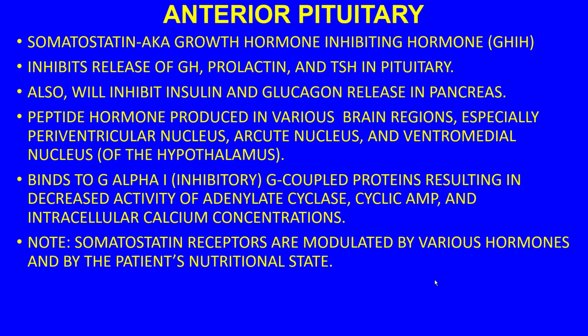It will also inhibit insulin and glucagon release in the pancreas. We're going to get into the pancreas later on, but one of the things you're definitely going to see is that the pancreatic islets are made up of different cells that release different hormones: insulin, glucagon, somatostatin, as well as pancreatic polypeptide. Okay? But enough of that right now.